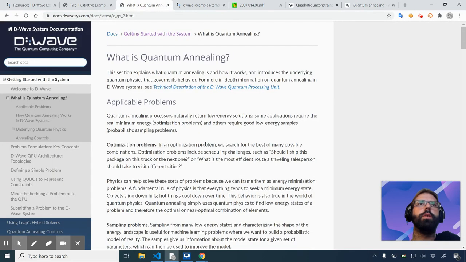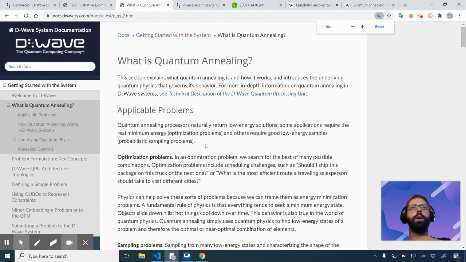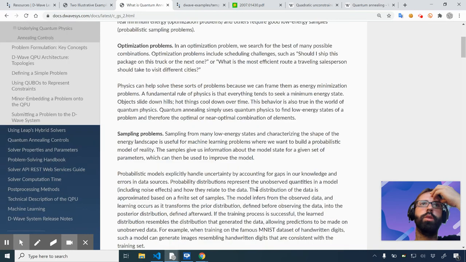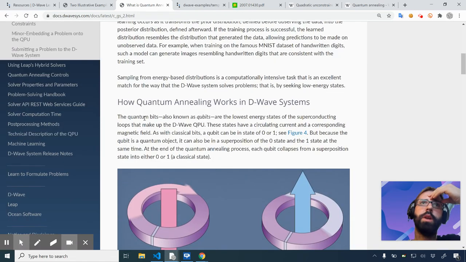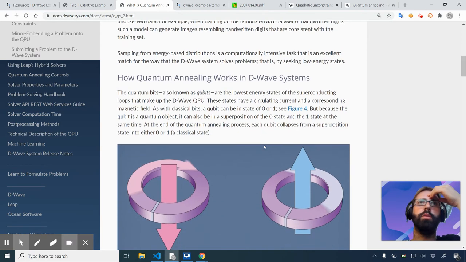Let's go through these. I think I've gone through how it works. This is the underlying quantum physics that governs its behavior. Okay, applicable problems. Quantum annealing processes naturally return low energy solutions. Some applications require the real minimum energy, and others require good low energy samples: optimization problems, sampling problems. How quantum annealing works: the quantum bits, also known as qubits, are the lowest energy states of the superconducting loops that make up the D-Wave QPU.